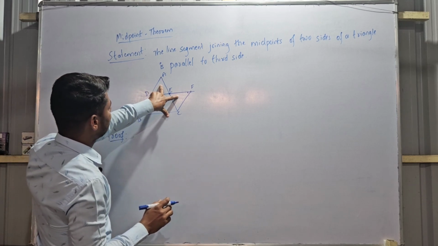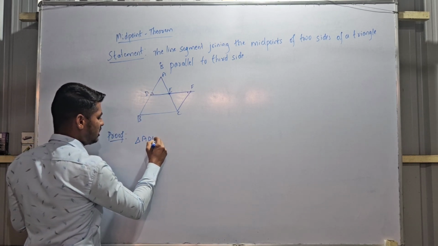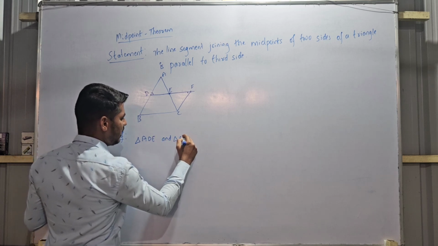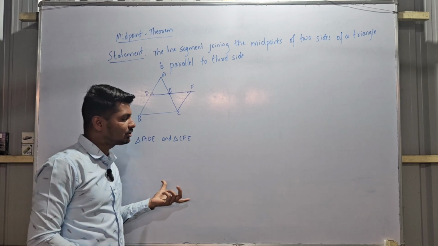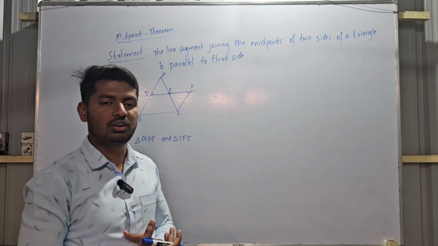I will consider these two triangles, that is triangle ADE and triangle CFE. In these two triangles, what all the things I can have to prove these two triangles are congruent?